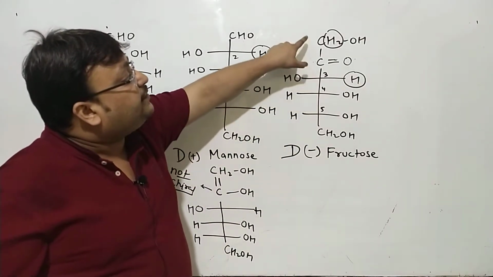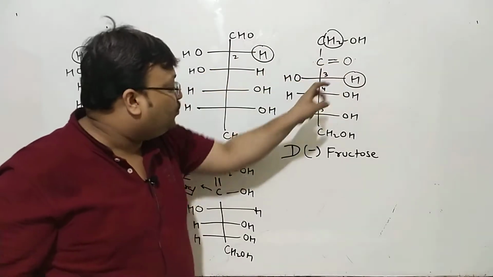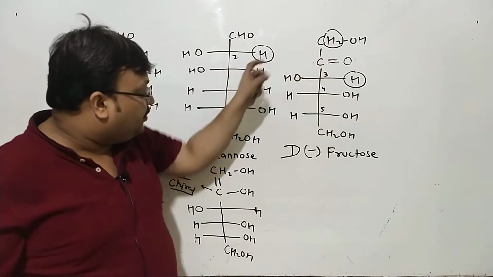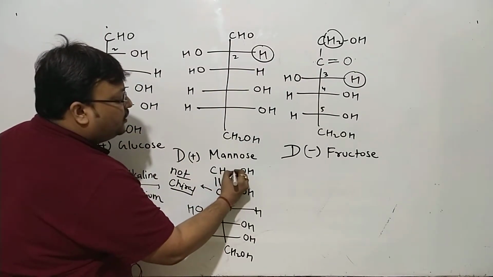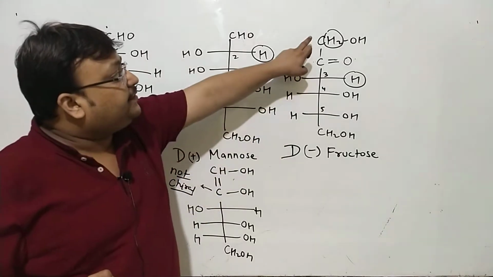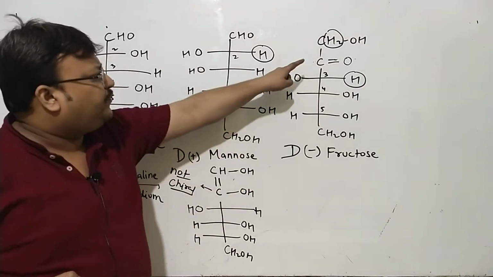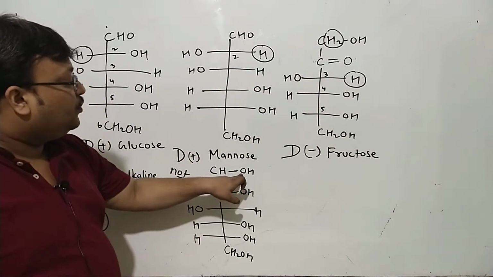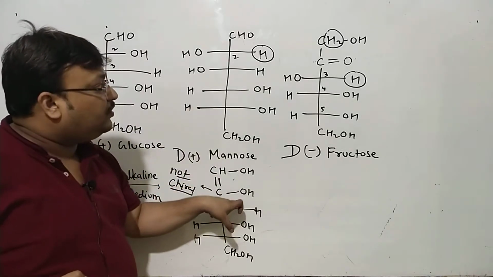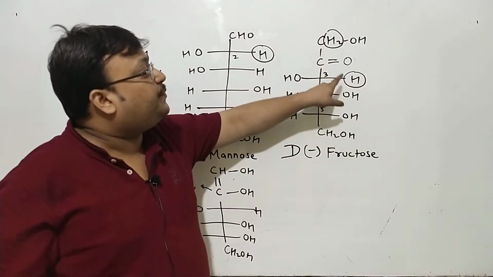If it uses this hydrogen, then this will become OH, this hydrogen will be gone, and this will certainly be CHOH. With this hydrogen gone, this will become OH. This is the enol for fructose. This is the enol for glucose and mannose. And fructose can give you two enols because there are two alpha hydrogens possible.